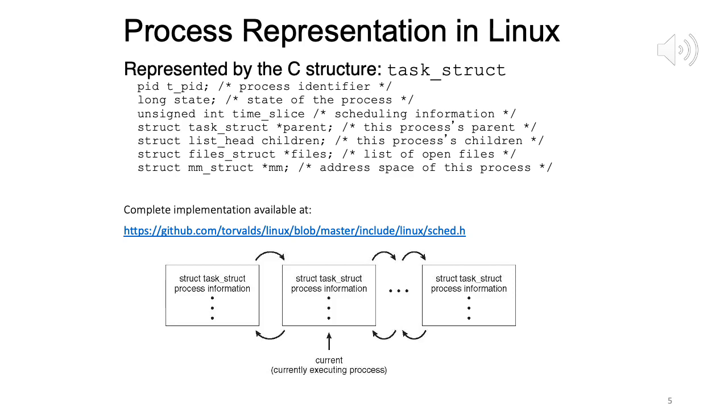Okay, so it's a fairly large file, it's got 2051 lines of code. Well, there are some blanks in between, but you get the idea. This is the complete implementation of task_struct. So in this slide we just showed a couple of the data elements, right?